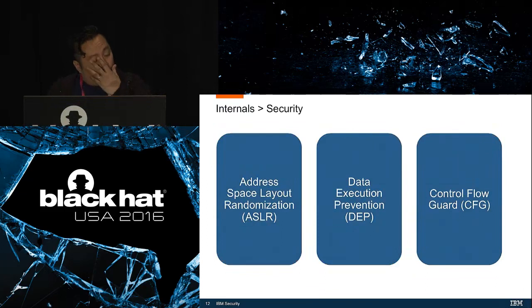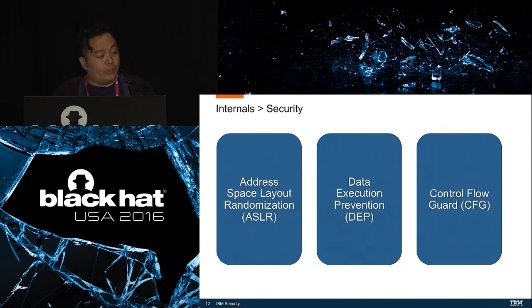Now, the problem with current IoT devices is that they don't usually implement or enable modern exploit mitigations. And the fact that Windows 10 IoT Core implements these gives it an advantage over the other operating systems that are commonly used today.